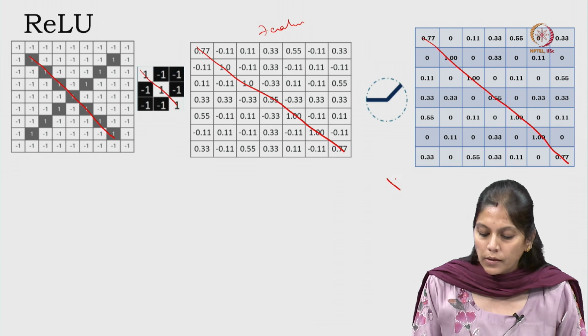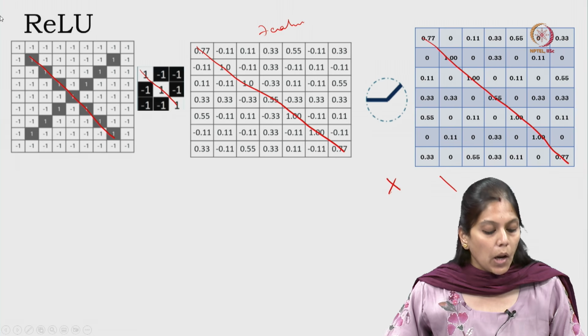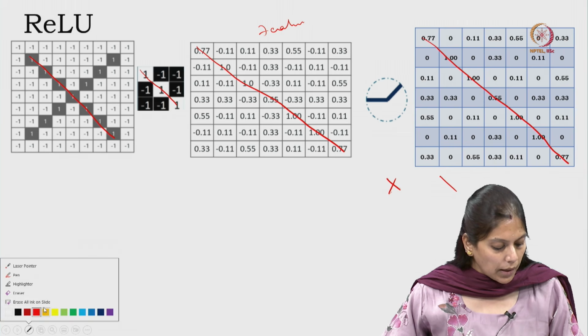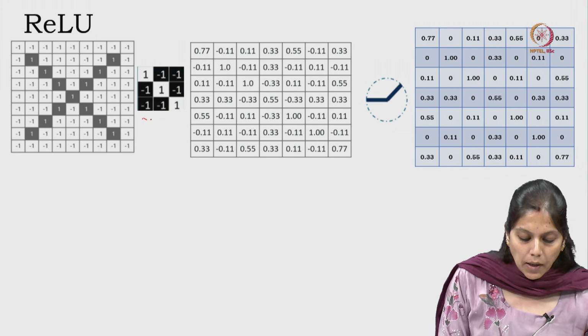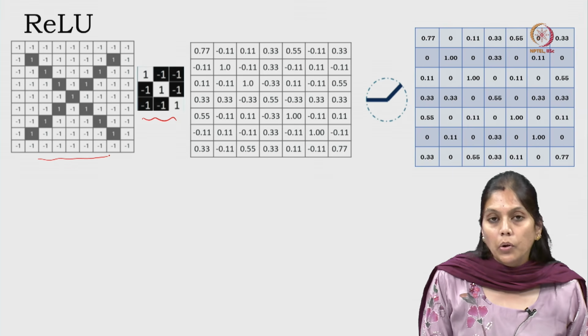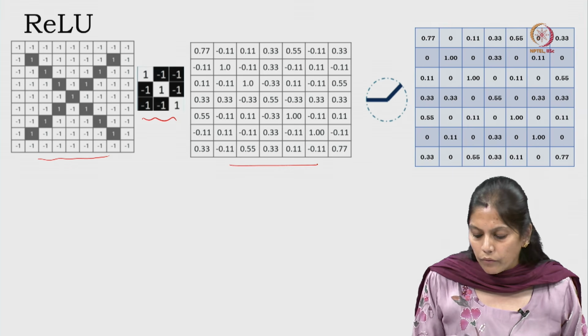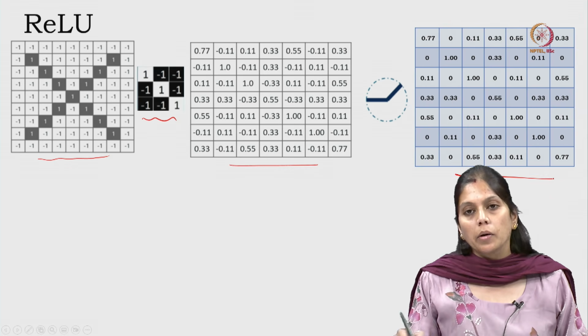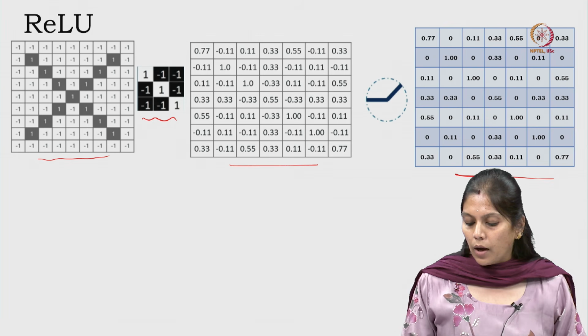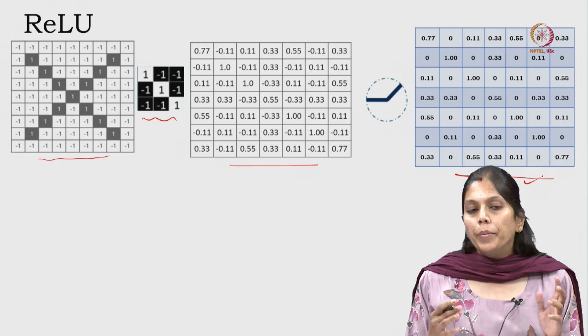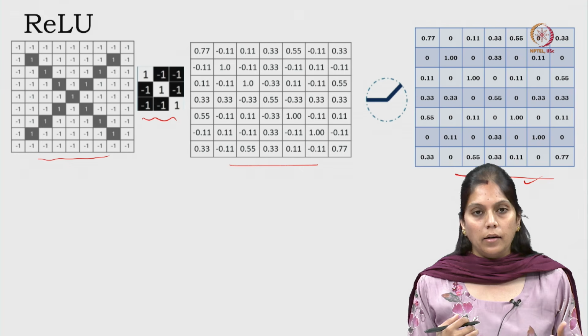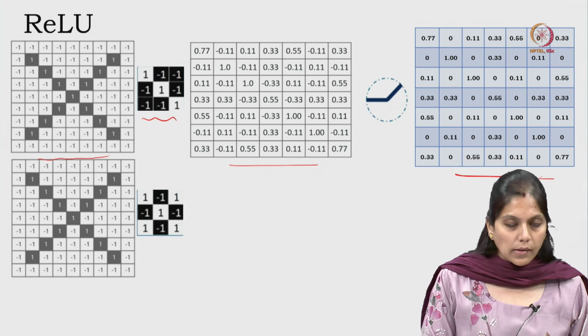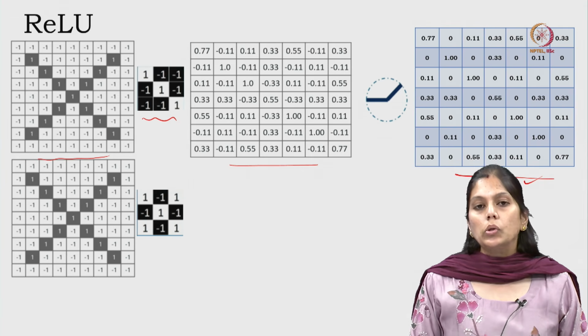So from this we have extracted this part. Now if you apply the same kernel once again onto this input image, we once again get the same feature map, and the same after ReLU. So to extract different features, you take the same input, but now you use a different kernel.